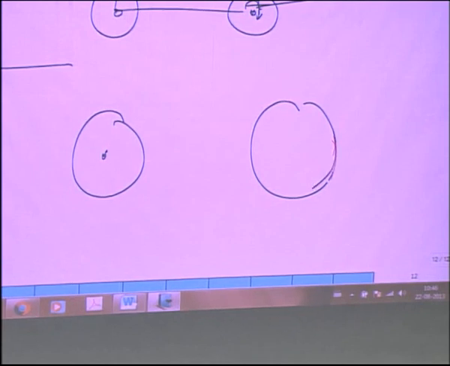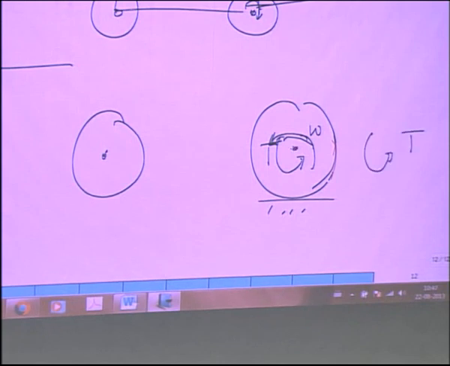So if this is to move forward, then this has to be the angular velocity. Now a torque has to be provided by the axle on this wheel in this direction. So this torque has to be provided for the vehicle to start moving forward. On the front wheel, there will be no torque. It comes only on the driven wheel.